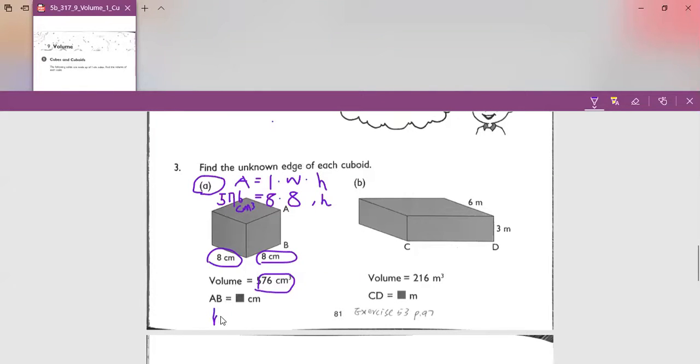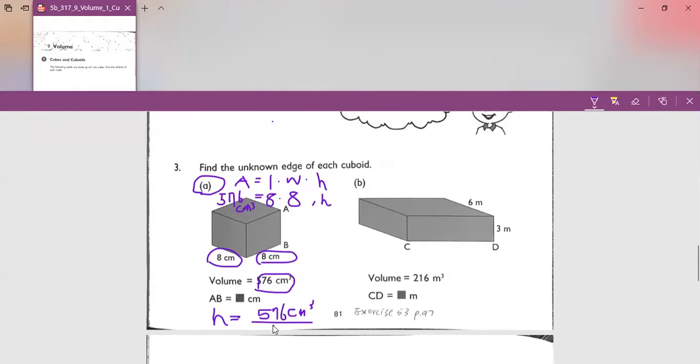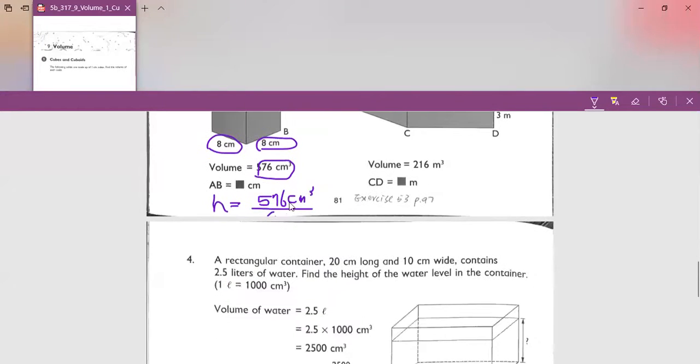So the height will be 576 centimeters cubed divided by A times A. What is A times A? Ricky, can you tell us? 8 times 8 is 64. Excellent. So 576 divided by 64 centimeters, then we can figure out the height.